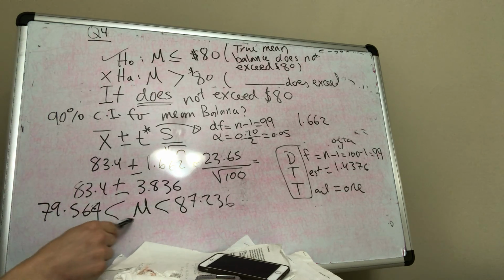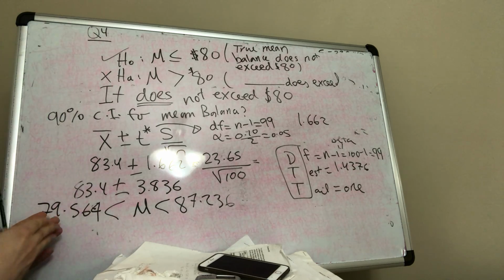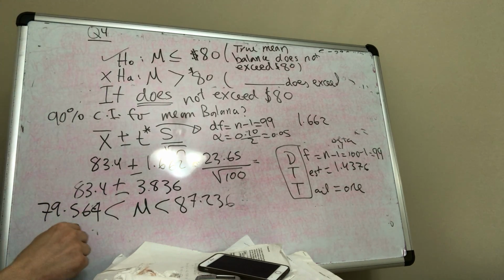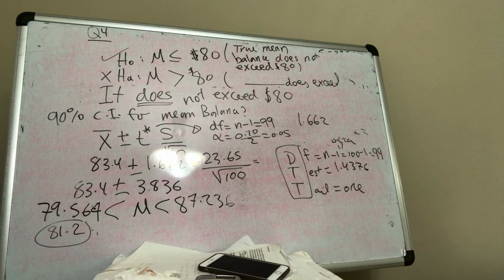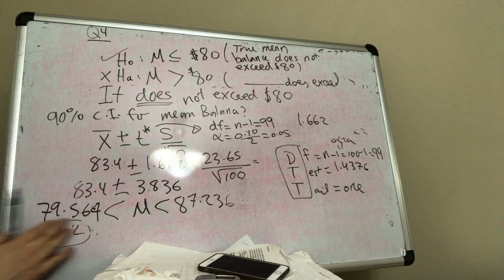Well, it could be less. So we're not comfortable saying that it's always going to be more than 80 because it could be less. But if this number happens to be 81.2, say, and this is 87, then yes, it's definitely going to exceed 80.